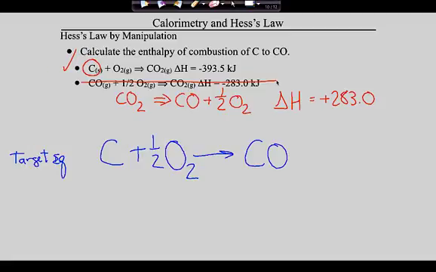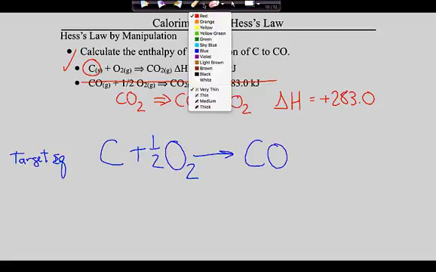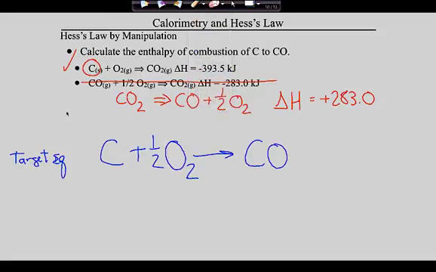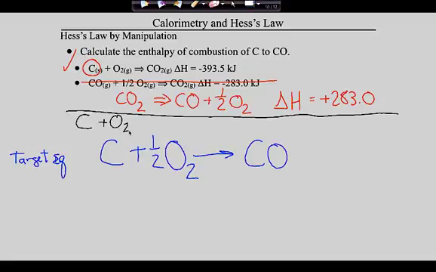Now that I've manipulated all of my equations, it's now time to bring them together. And guys, here's what you do. Draw a line underneath this. And then bring everything down. So go to your first equation and bring down the reactants. C plus O2.